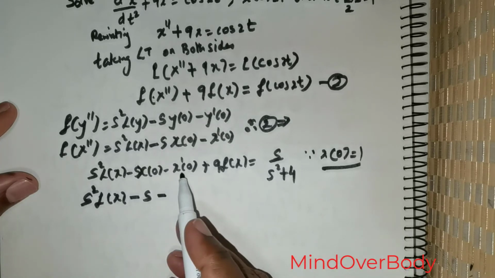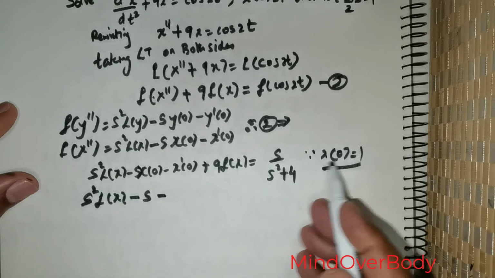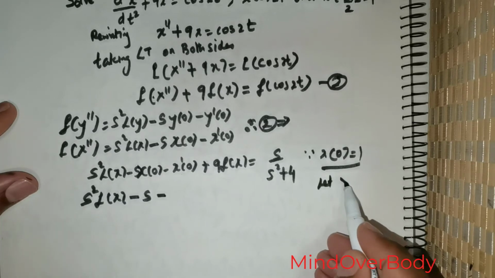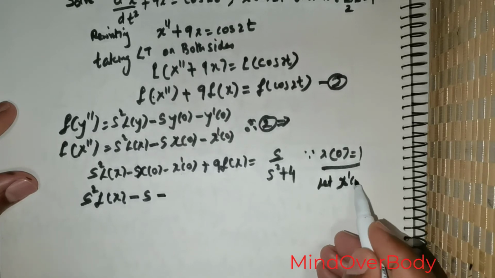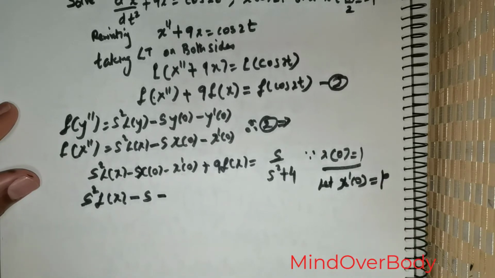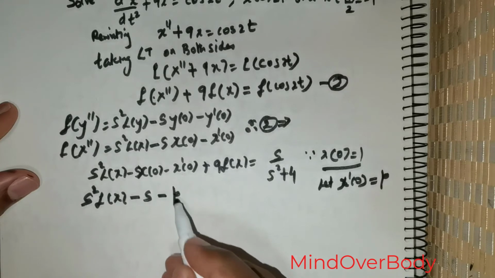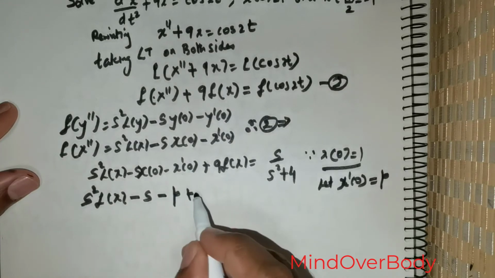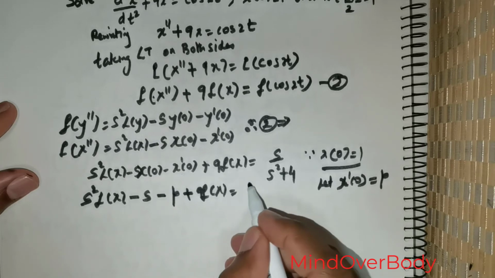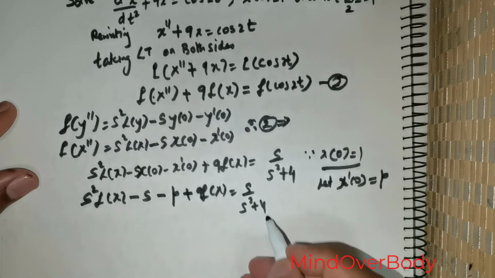Now I cannot solve with x dash of 0 because it isn't given. So I'm going to take x dash of 0 to be equal to some p. So this is going to be p positive 9 times L of x is equal to s over s squared positive 4.